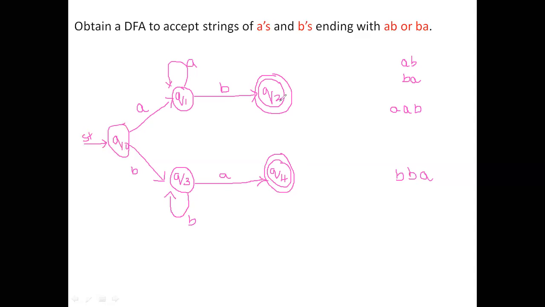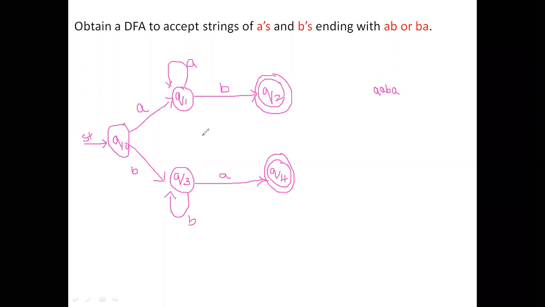Now for Q2, observe it carefully. For Q2, if we receive A, then what should we do? Be careful. Wait a second, let me erase all the input pattern. Now, if you have a possible string like double A, BA, just an example, whether that should be accepted by this DFA or not?